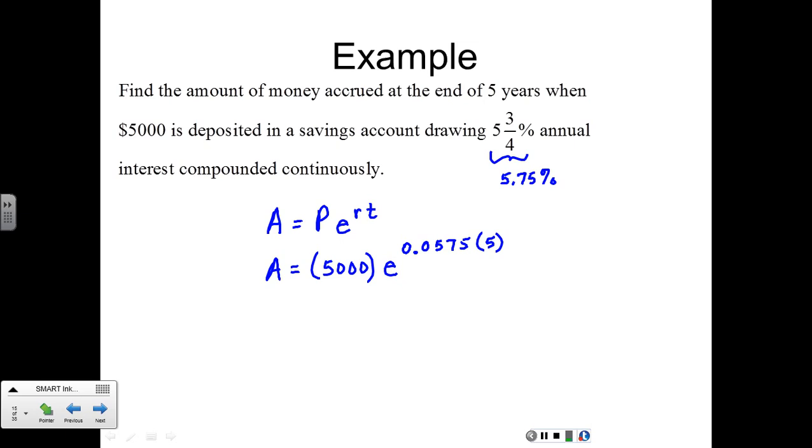So you've got to do a little arithmetic first on this one. Multiply that out. 0.0575 times 5. And I get 0.2875.